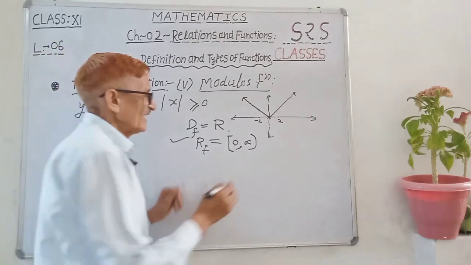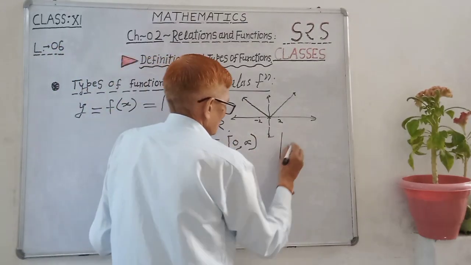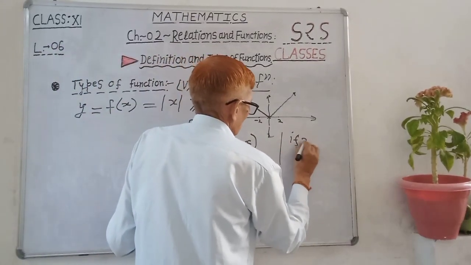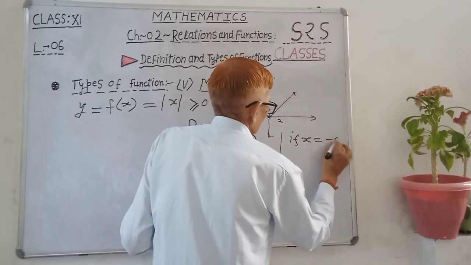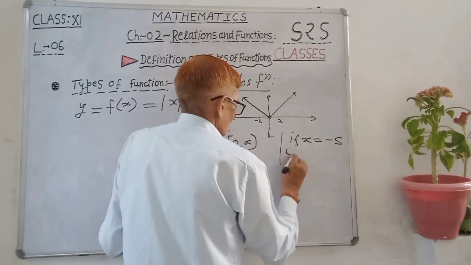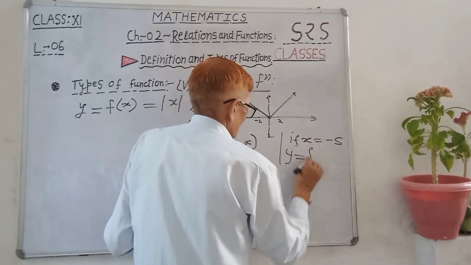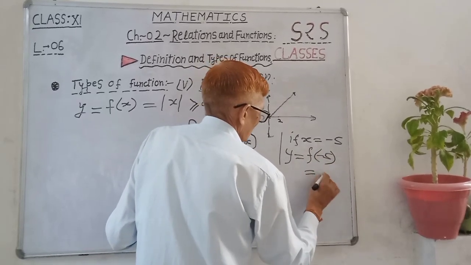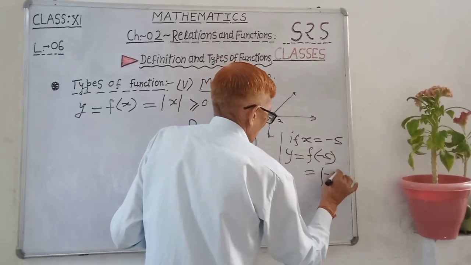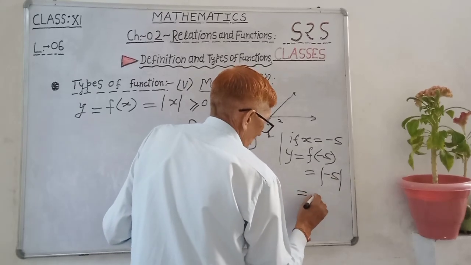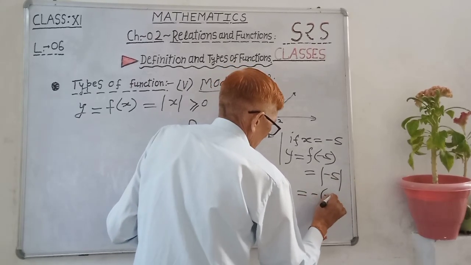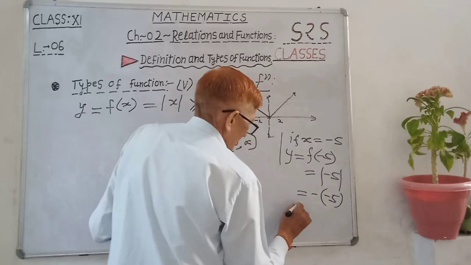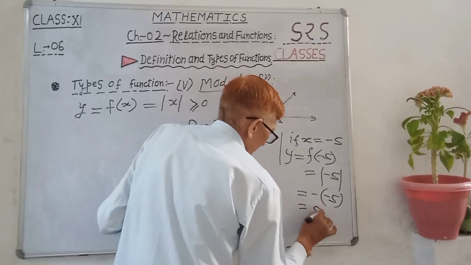Because for example, if x is equal to minus 5, then y equals f of minus 5, which is modulus of minus 5, and it is equal to minus multiplied by a negative number, then this will be positive.